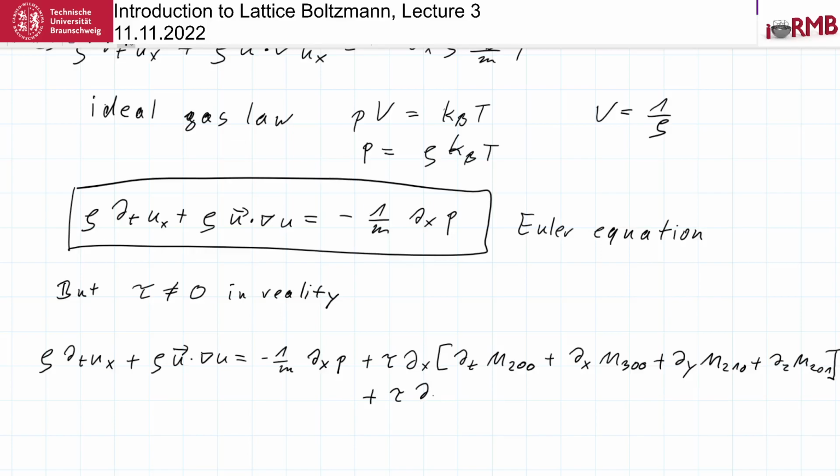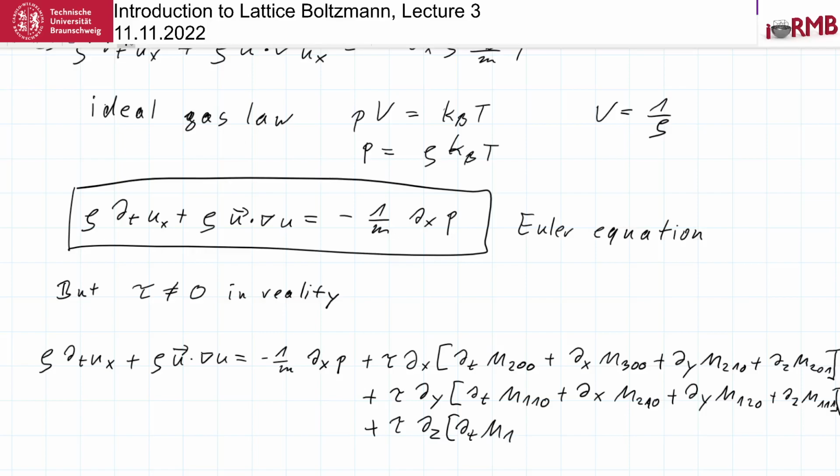Then comes the remainder of the parts related to m110, which is dx m210 plus dy m120 plus dz m111, plus tau dz into dt m101 plus dx m111 not, 1, 2, 0, 1, plus dy m111 plus dz m102.